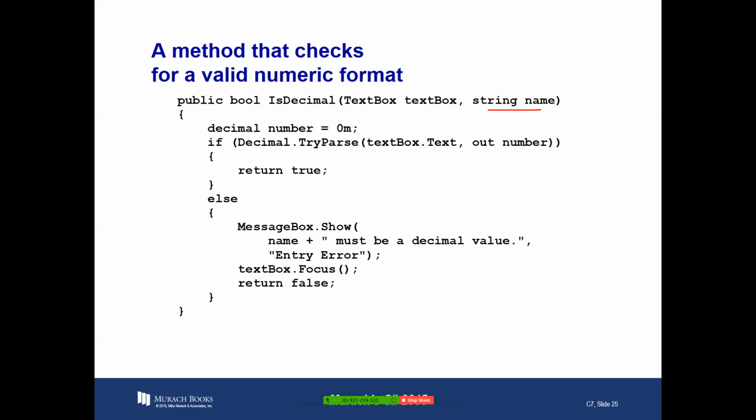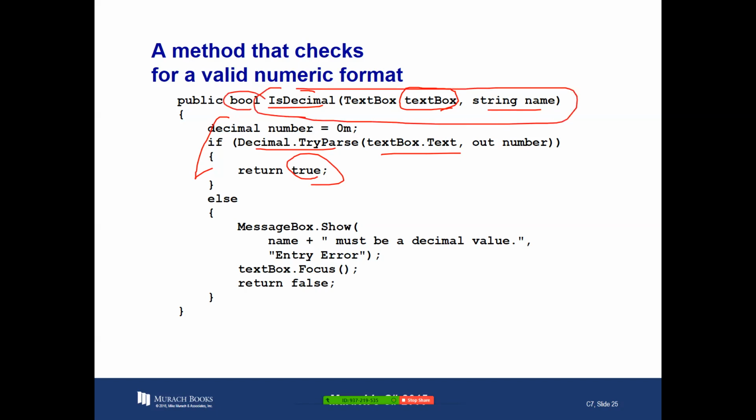It wouldn't have to be the name of the variable. Really, what we're doing is we're testing this text box, which is a control sitting on your form, and we're checking to see if it's a decimal value. So inside here, we actually test it by using try parse, and if it's convertible, then this method here will return a true, because it's Boolean. It's going to return a true or it's going to return a false.